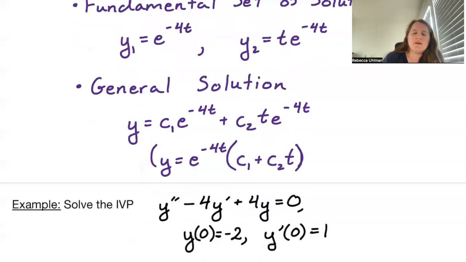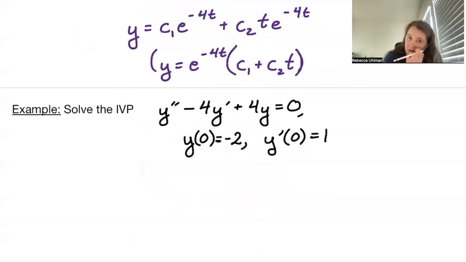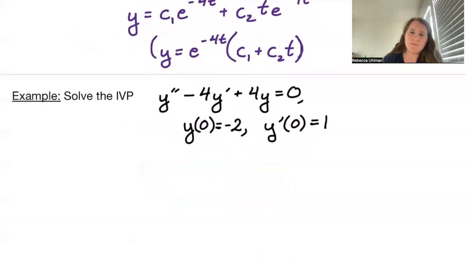Next up, let's go ahead and solve an IVP. Let's look at the equation y double prime minus 4y prime plus 4y equals 0, with initial conditions y of 0 equals -2 and y prime of 0 equals 1.